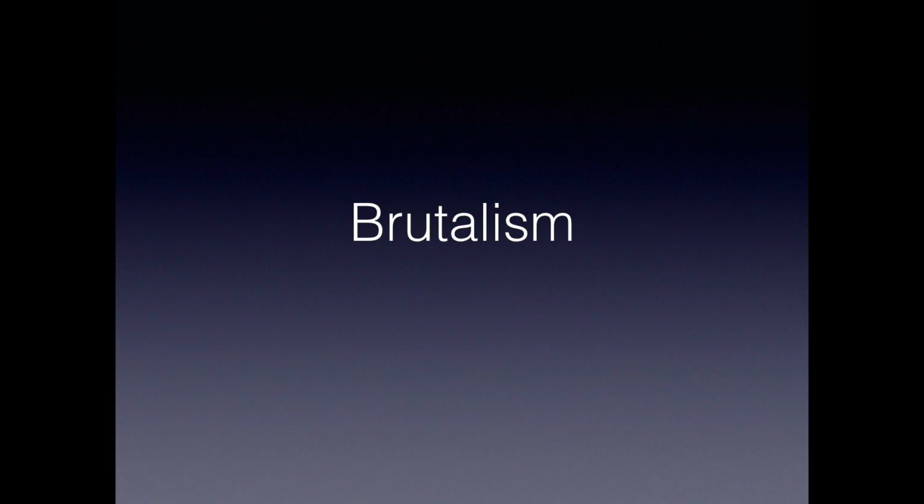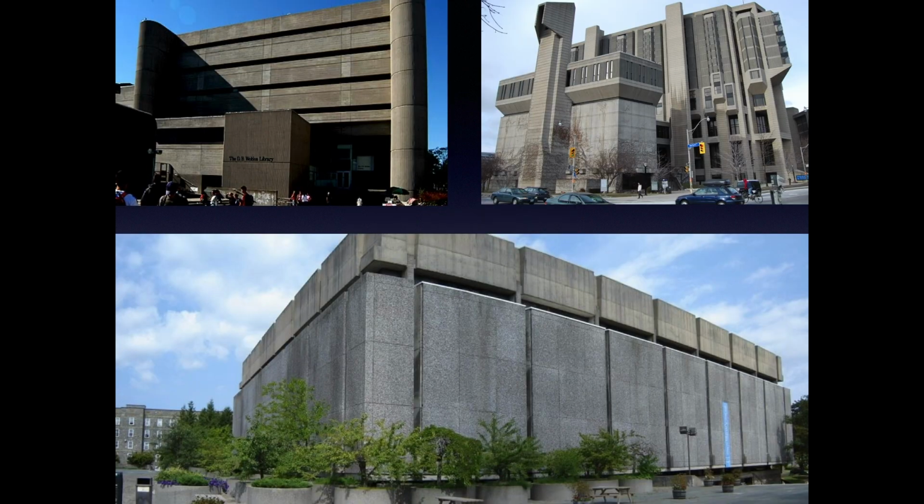But the idea that the architecture produced through this scheme is somehow aggressive or difficult or not particularly suitable for most kinds of human interactions is interesting, in that the term brutalism has been kept, even though it was not originally something that was designed to talk about this type of architecture at all. The idea really was to simply speak about the materials that were used, but it sort of adopted this name. And we're familiar with brutalist architecture.